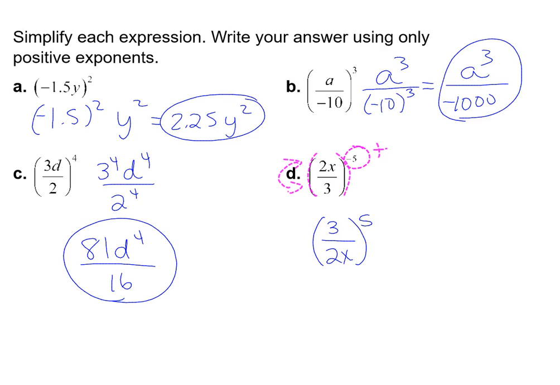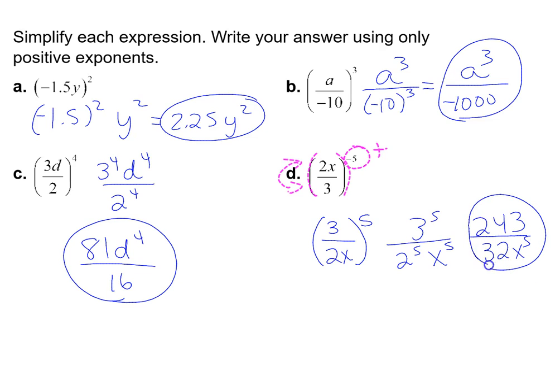And then I'll distribute that positive 5. So that becomes 3 to the 5th over 2 to the 5th times x to the 5th. And we can work that out if we want. So that would be 243 over 32 x to the 5th.